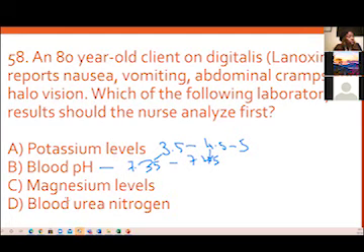All right. What about magnesium level? I know a lot of students don't look at mag level. Mag level is 1.7 to about 2.2. All right, what about blood urea nitrogen, which is called BUN? What is that level?